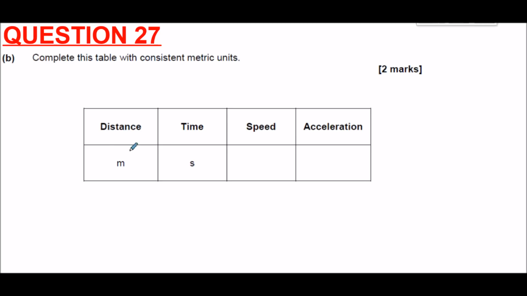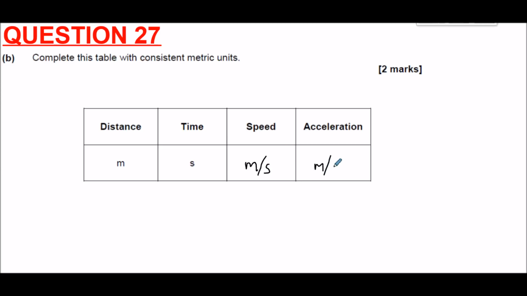Now speed, if the distance is in meters and the time is in seconds, speed is distance divided by time. So in terms of units, that's meters per second, m/s. Now in physics they also write this differently. I'm not going to confuse you by saying how they write it, but that's the main way I want you to write it, m/s.